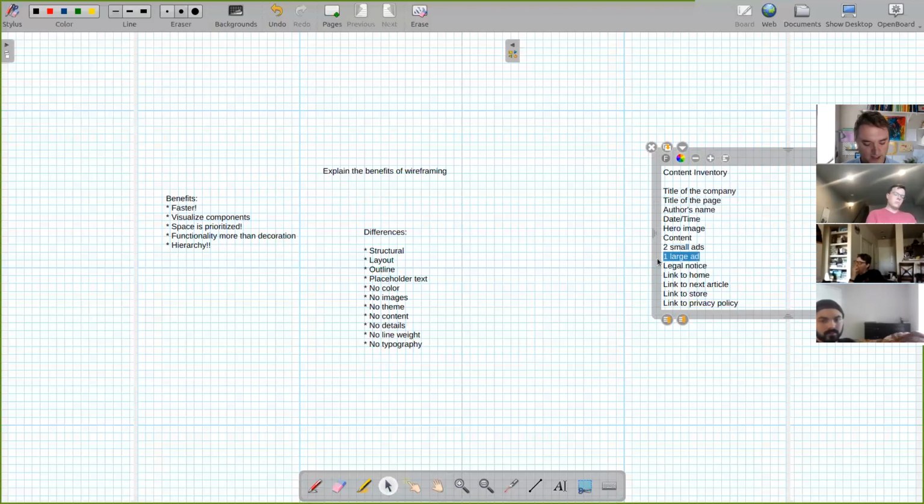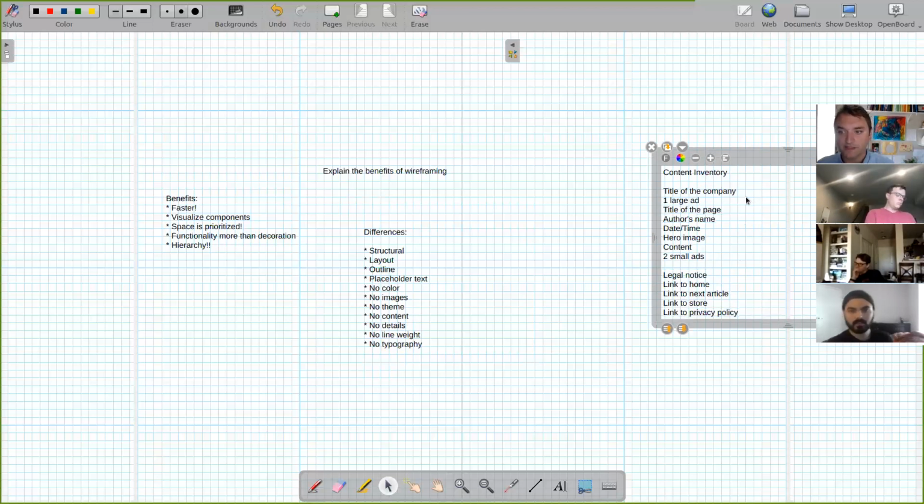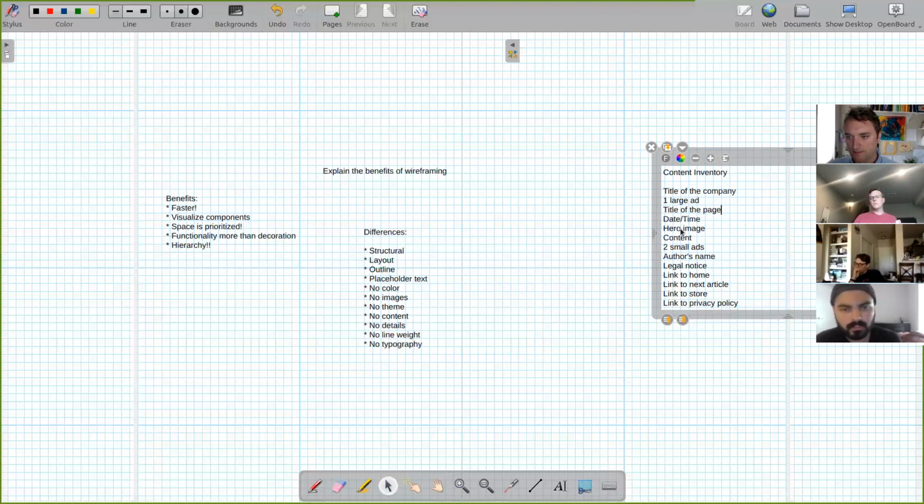The large ad, that might be up there also. That's the thing that's making money for this page. So pretty damn important. Title of the page, it's probably important. Author's name maybe doesn't matter quite as much for this. But it's a news site, so the date and time, that does matter.